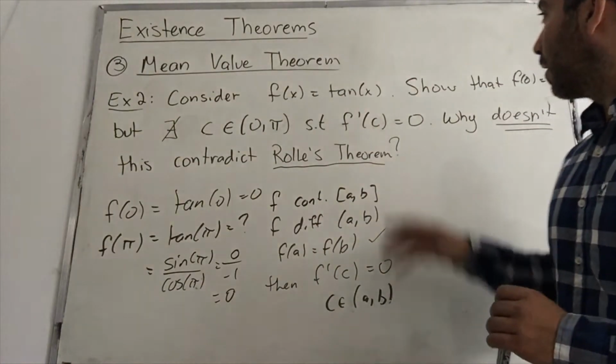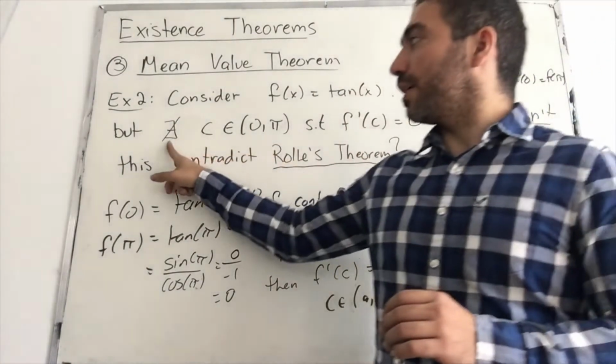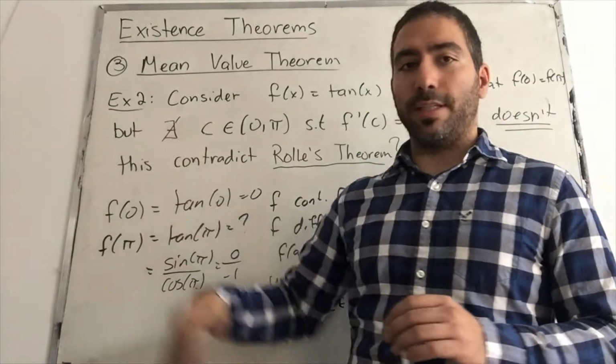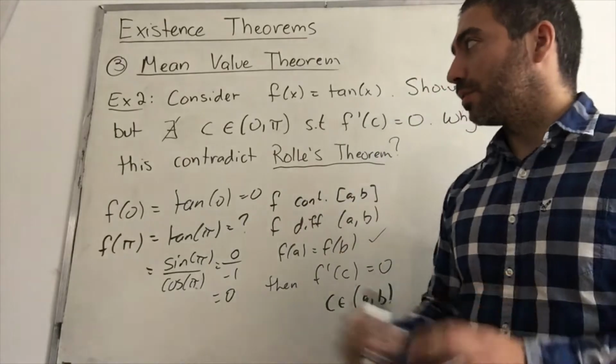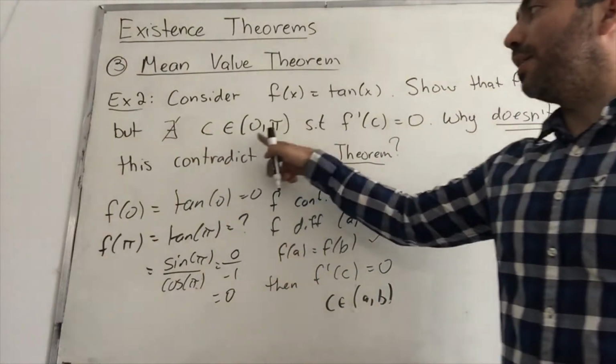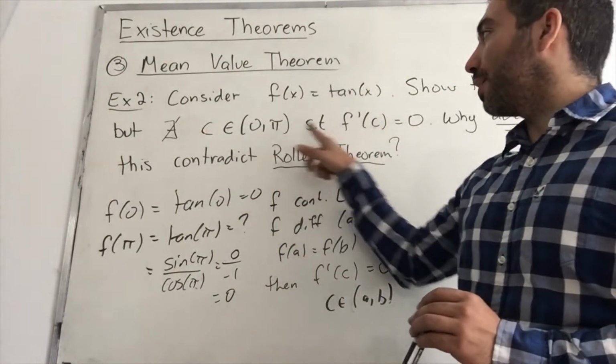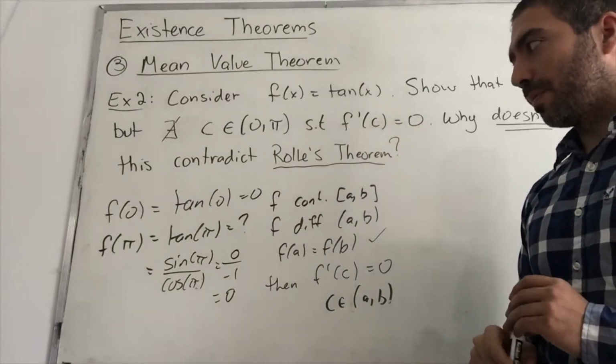Great. Show that there does not exist. So this is a backwards E, there exists, with a line going through it means there does not exist. So there does not exist a c in the interval from 0 to pi such that the derivative is equal to 0.